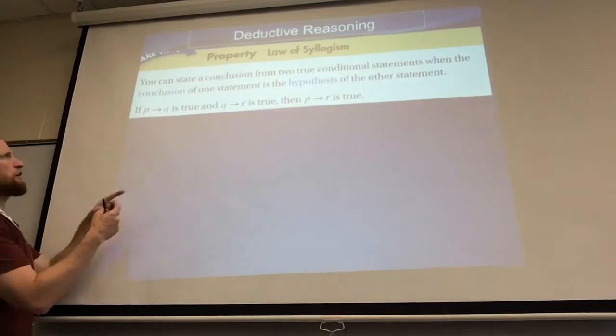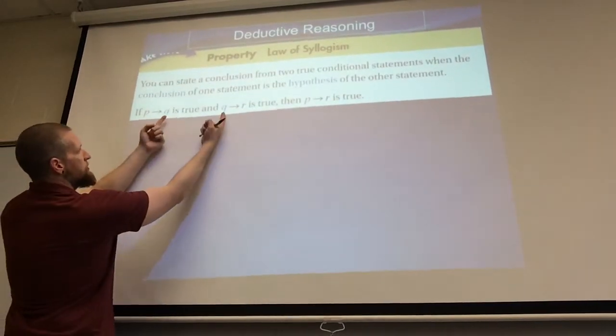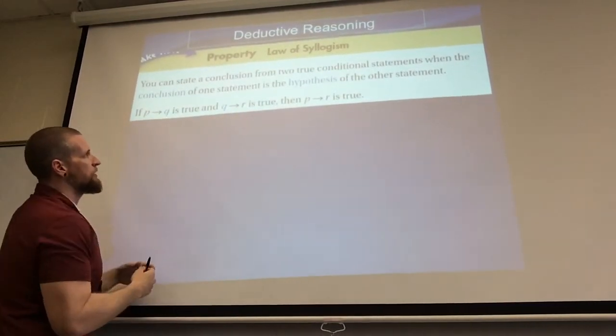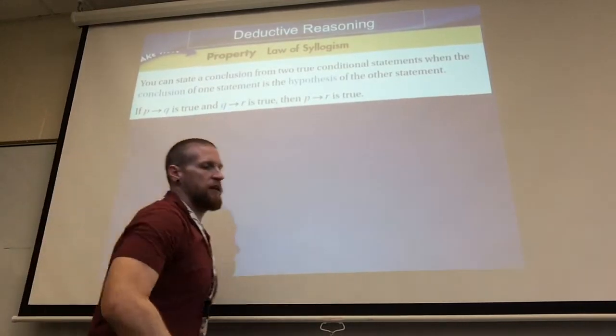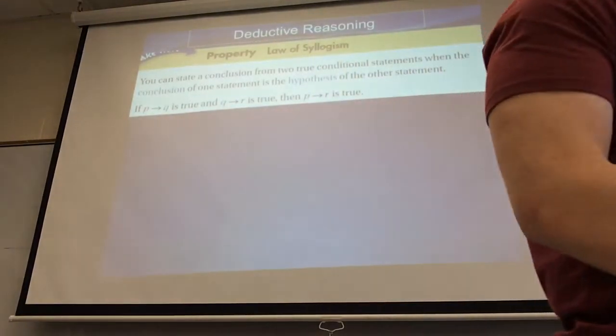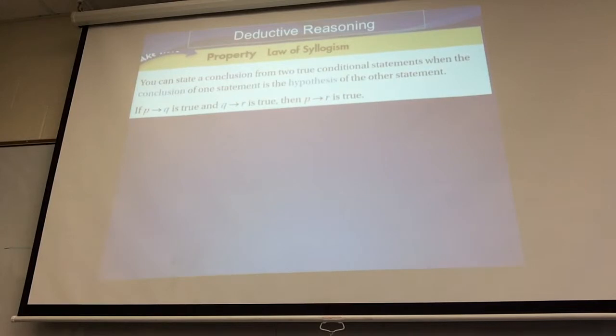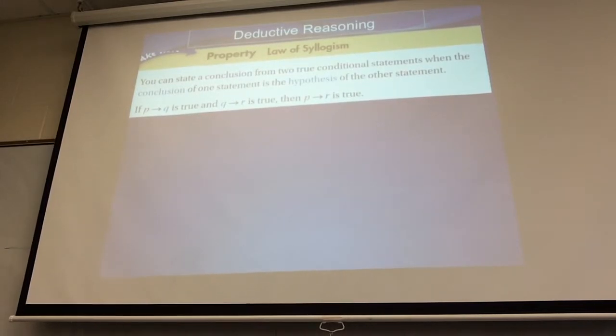But the way these things are going to be formed is that these two statements are going to have to overlap each other. And it's saying, look, if all that happens, then you can form a new one that is a definitely true conditional statement based on the statements that are up there. So again, you're not adding to this. You're taking things that are already there, you're kind of repositioning them so that they create a new conditional statement.